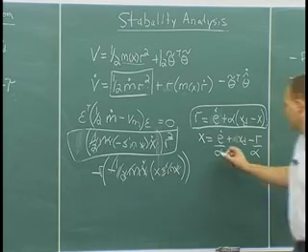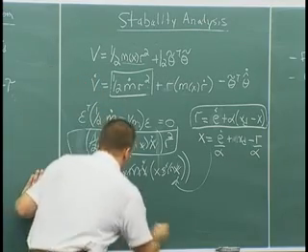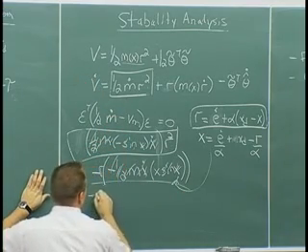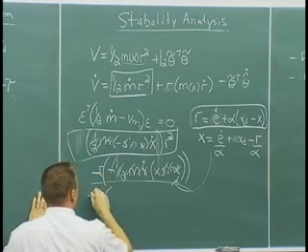Okay. So now I can plug this stuff in here. And I can rewrite this expression now as minus r times, well, this minus and the minus are going to cancel.